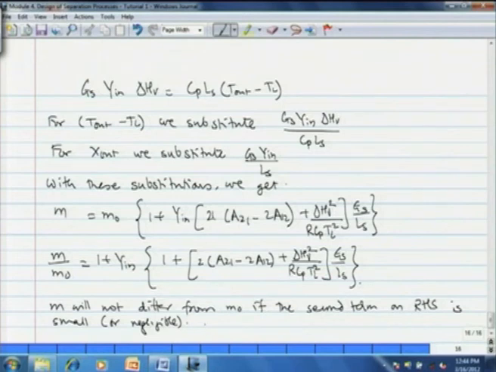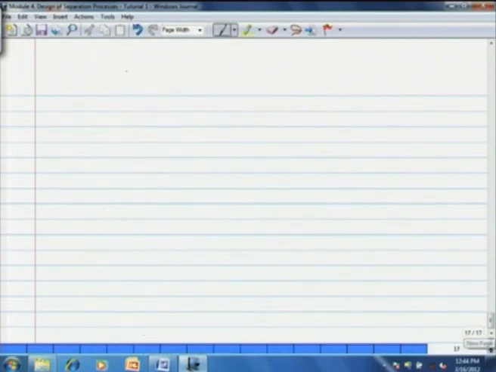And therefore, we can say that Kremser's equation will apply if the numerical value of the second term on the right hand side is less than or equal to 0.1. That means m will not differ by more than 10% from m naught, and therefore, the equilibrium curve will be essentially a straight line. So, that point we note.